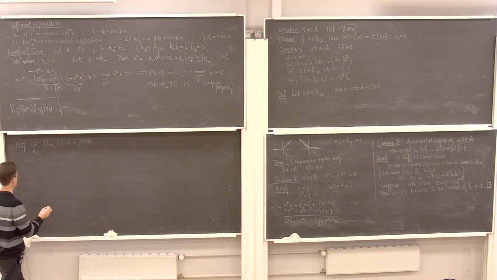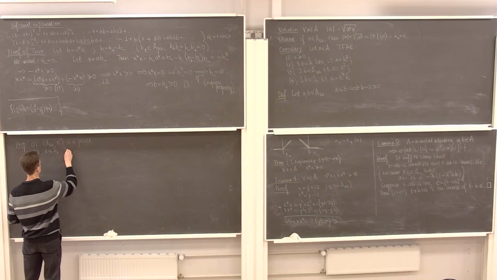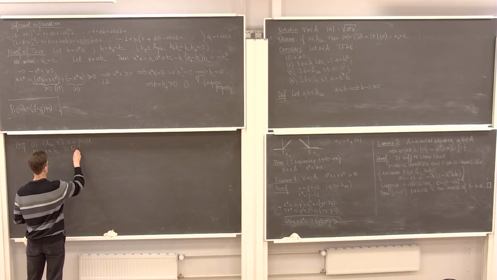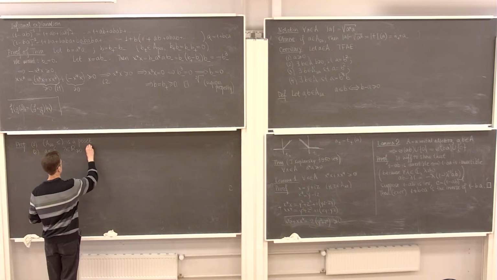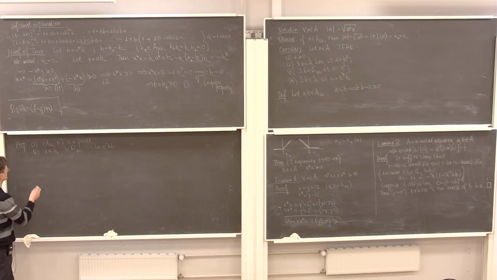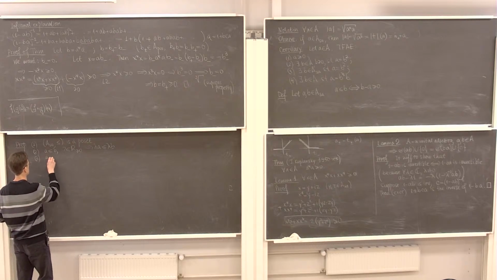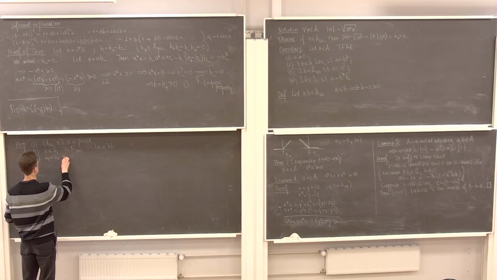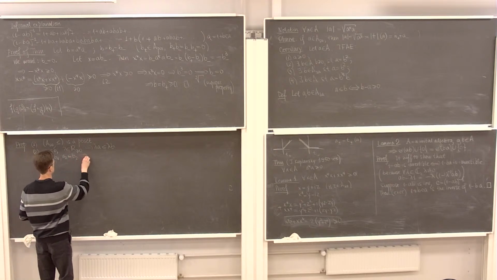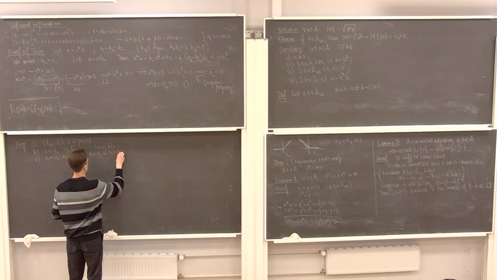Second, if A is less than or equal to B, and lambda is a non-negative real number, then lambda A is less than or equal to lambda B. Property 3 is that this relation is compatible with the additive group structure on the set. So if A1 is less than or equal to B1 and A2 is less than or equal to B2, then A1 plus A2 is less than or equal to B1 plus B2.